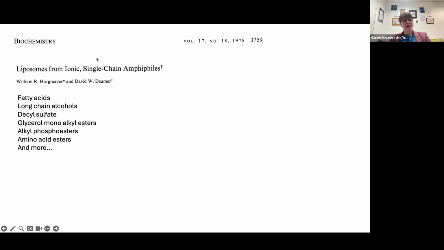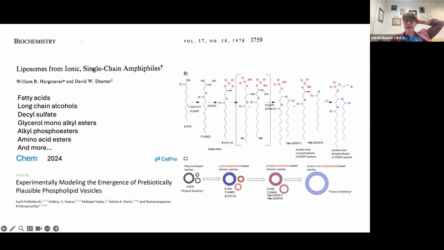Recently, in fact this year, Ram Krishnamurthy's group published this idea of an evolution of membranes. So the origins of life started with something fairly simple, like shown here, decanoic acid. You can actually add a glycerol to that just through dehydration in the presence of glycerol and DAP.